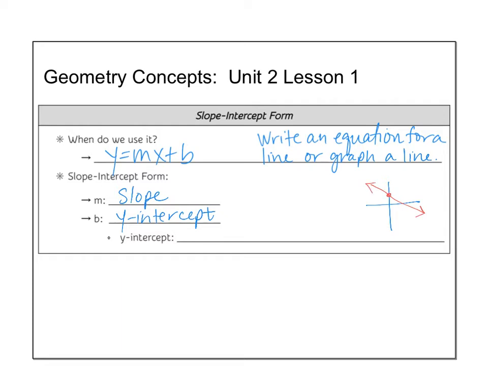So remember, this is the y-axis, this is the x-axis, so this spot right here would be the y-intercept. So the point where a line crosses the y-axis.